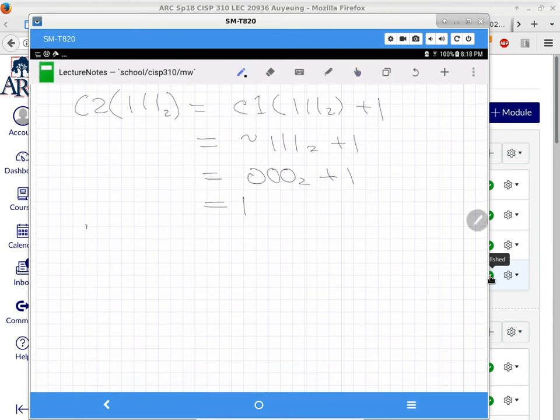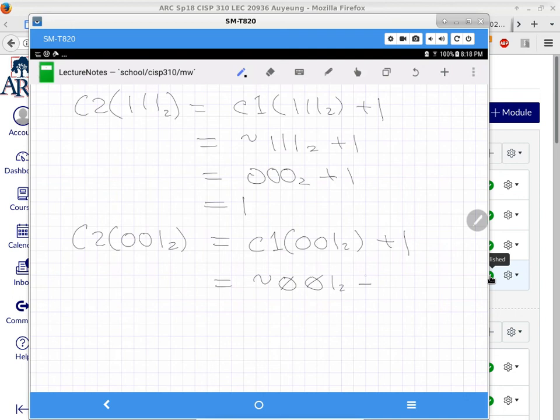So we'll do a 2's complement of 0, 0, 1 in base 2. That becomes the 1's complement of 0, 0, 1 in base 2 plus 1, which also means this is the bitwise NOT of 0, 0, 1 in base 2 plus 1. Bitwise NOT, once again, is flipping each individual bit to its opposite.